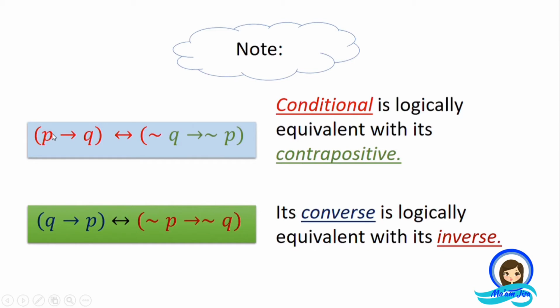When you construct the truth table of the conditional and contrapositive, and similarly with its converse and the inverse, you will see that the truth values for the conditional is the same with that of its contrapositive. And of course, the truth table of its converse is also equivalent with its inverse. That is why the conditional is equivalent with contrapositive and the converse is also equivalent with its inverse.